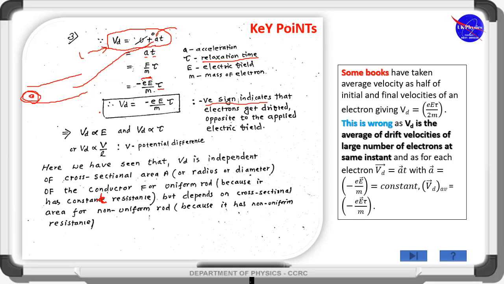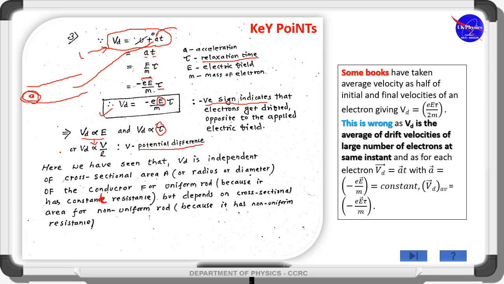So from these expressions we have seen that drift velocity is proportional to electric field and also proportional to relaxation time. And this is further split into E equals V by L. V is the potential difference, L is the length of the conductor, that means the distance between the positive and negative end.